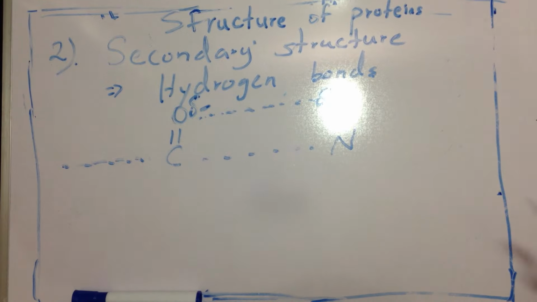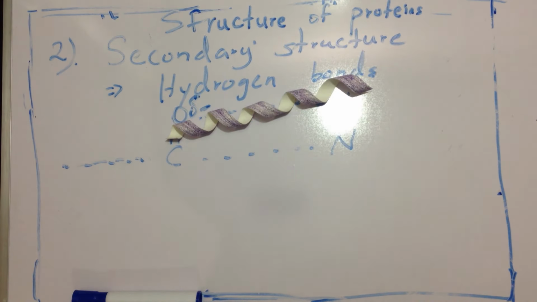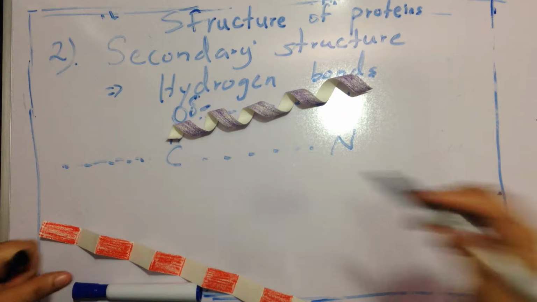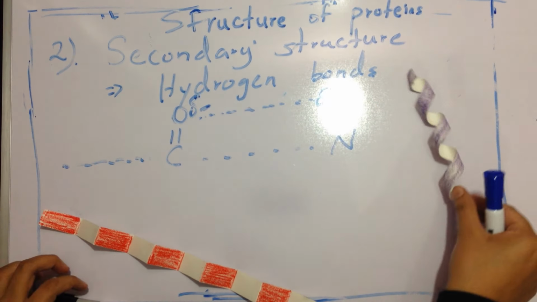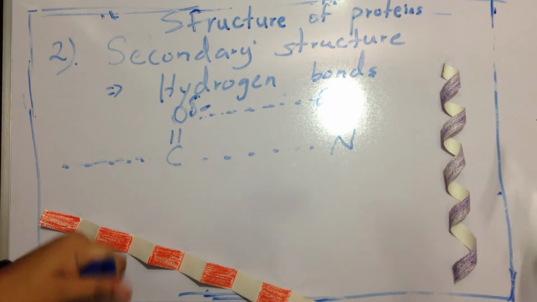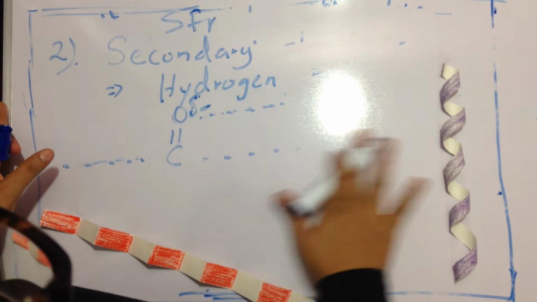And there's another type of secondary structure, so I will write down the name. So this one is alpha helix.